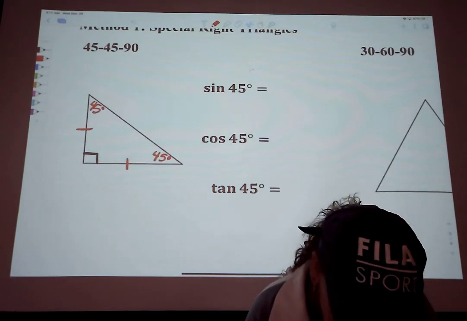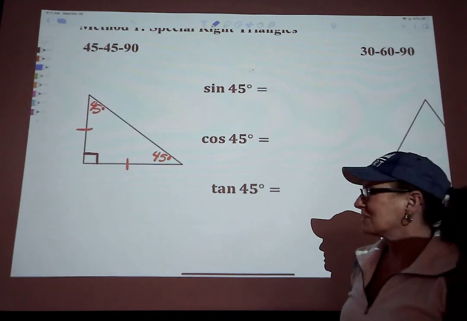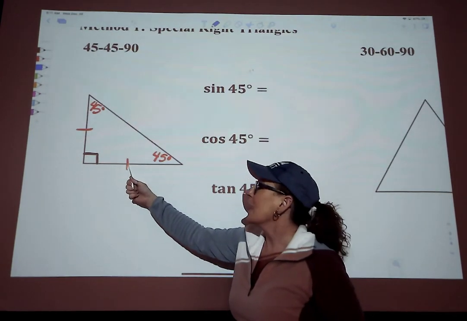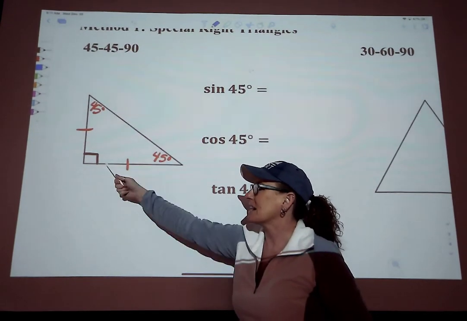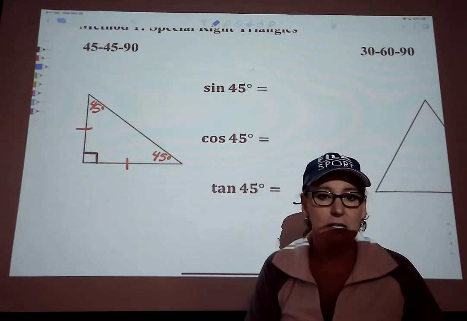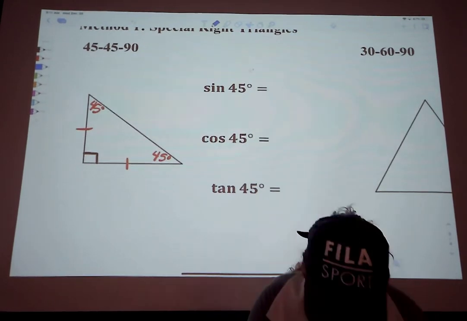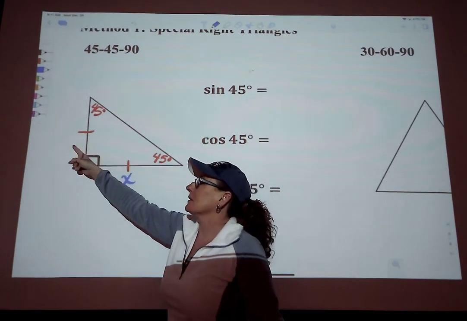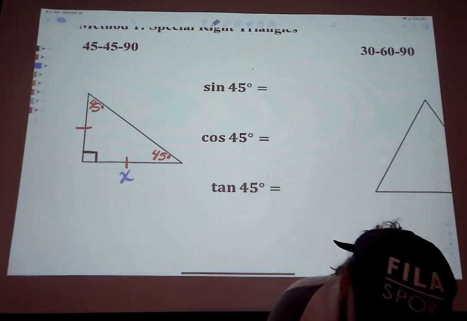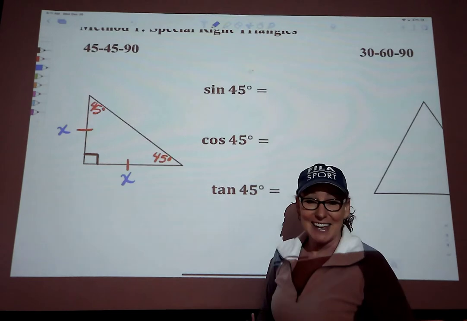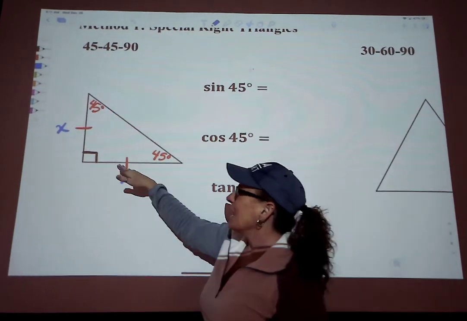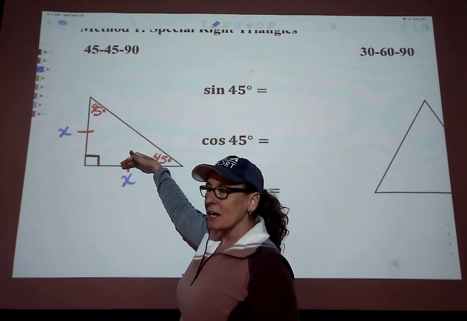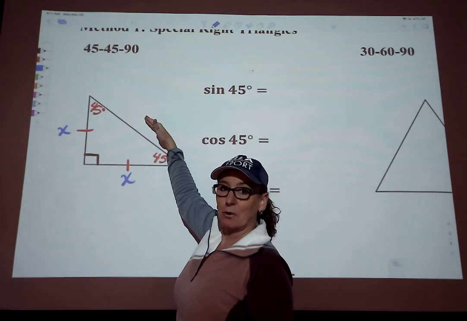And then, think back to geometry, whatever this measurement is for this side length, I'm going to call it X. Guess what this measurement is? Of course, it's X. And then, remember geometry. Do you remember how to get from a leg to the hypotenuse in a 45, 45, 90?